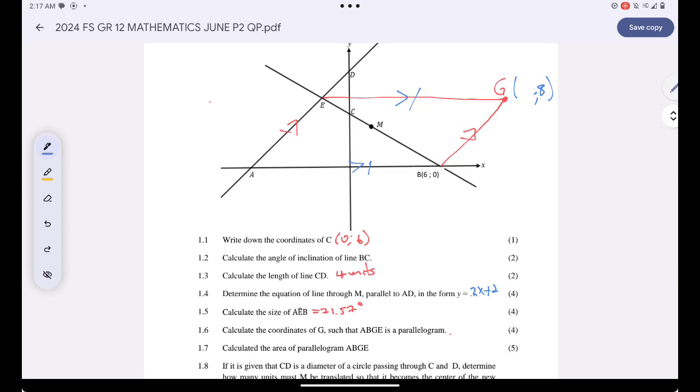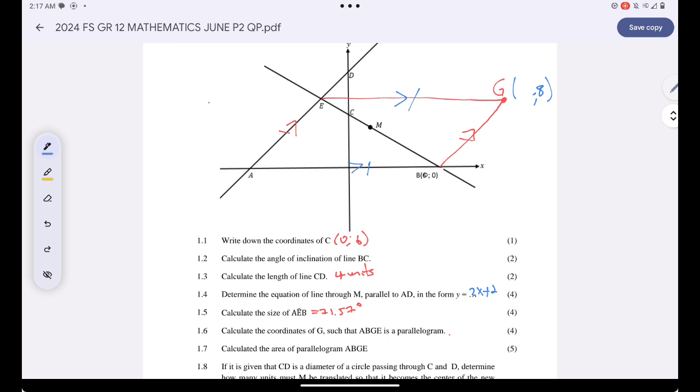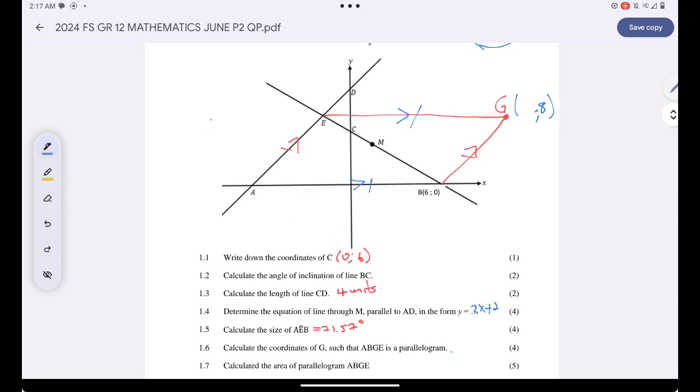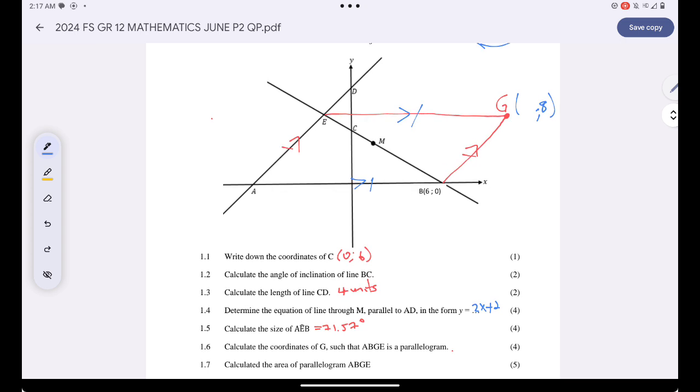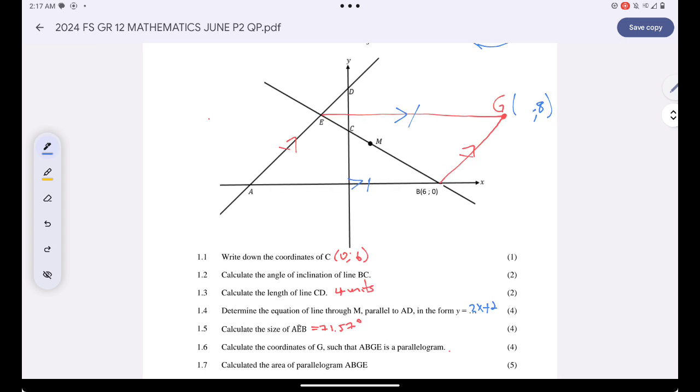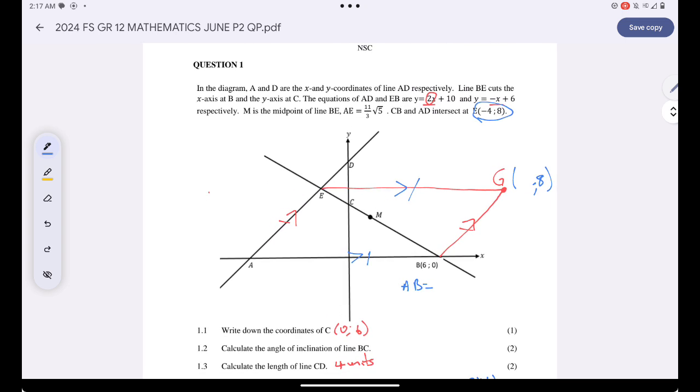And then the length of AB will be the same as the length of EG, right? Why is this 4 marks though? Okay, I think 4 marks is a stretch, guys. But yeah, to find the length of AB you must first find the x-intercept of this equation.